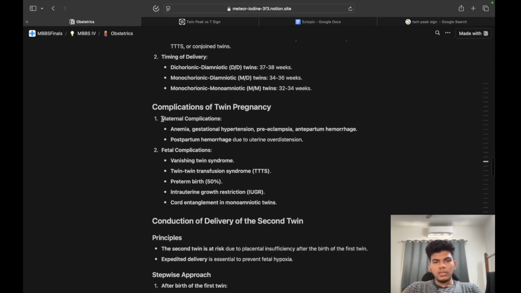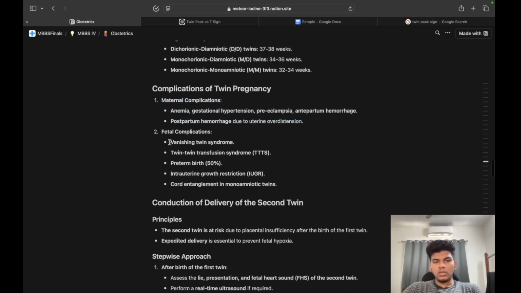Complications of twin pregnancy: maternal complications and fetal complications. Maternal: the mother is losing a lot more nutrients, so there could be anemia and gestational hypertension, because of the excessive load. Also preeclampsia, antepartum hemorrhage, and postpartum hemorrhage due to uterine overdistension.